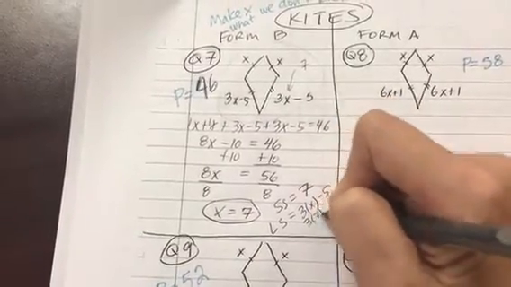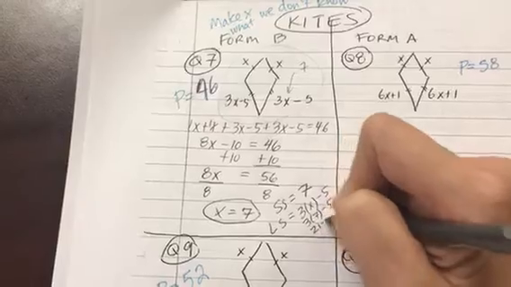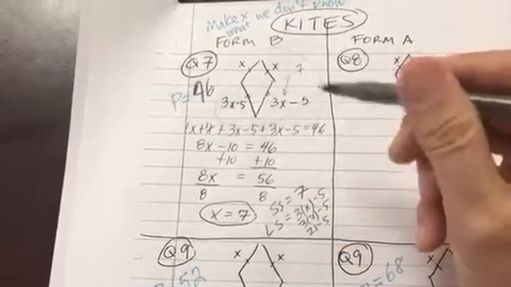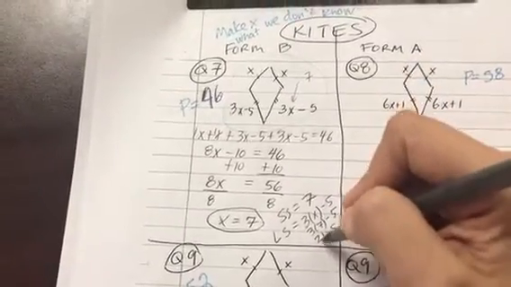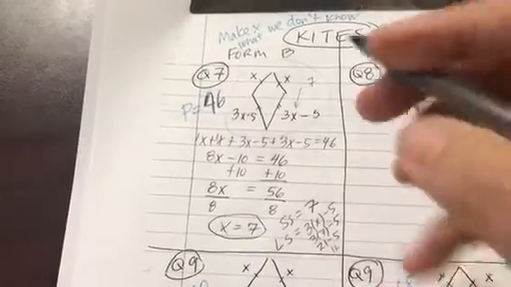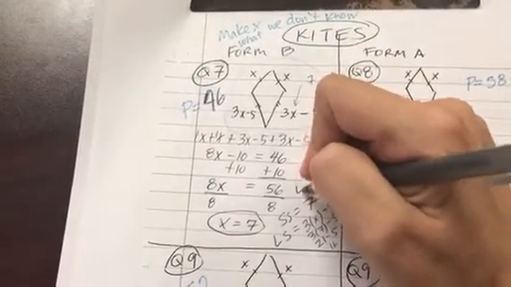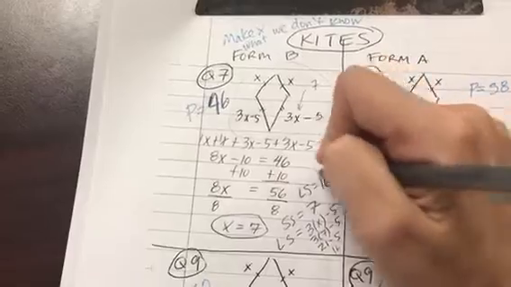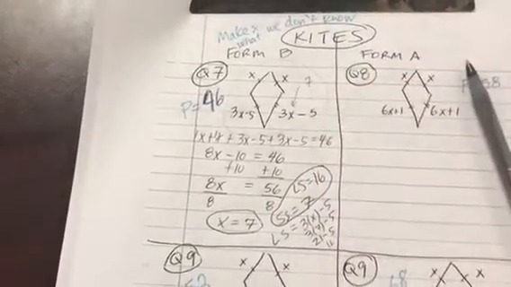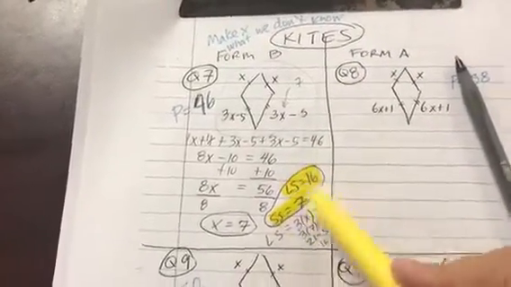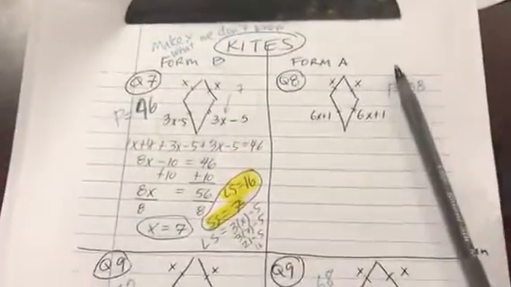So 3 times 7 minus 5 would be 21 minus 5, so my long side would be 16. So my short side is 7, my long side is 16. That's my answer.